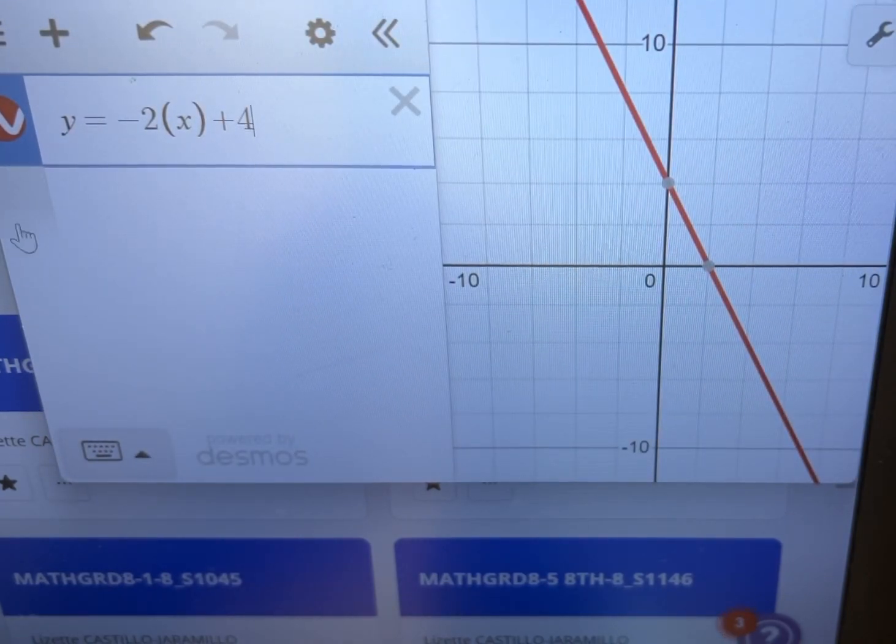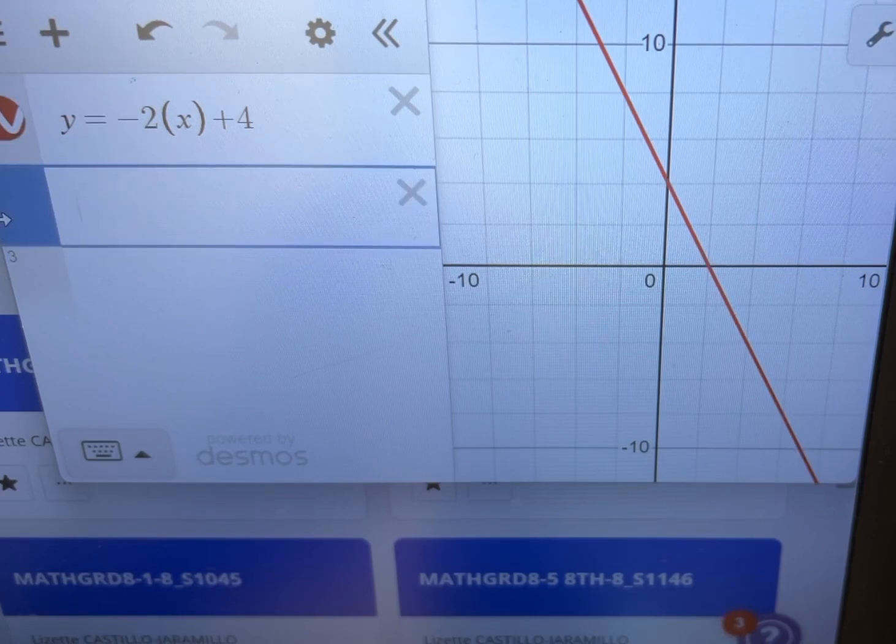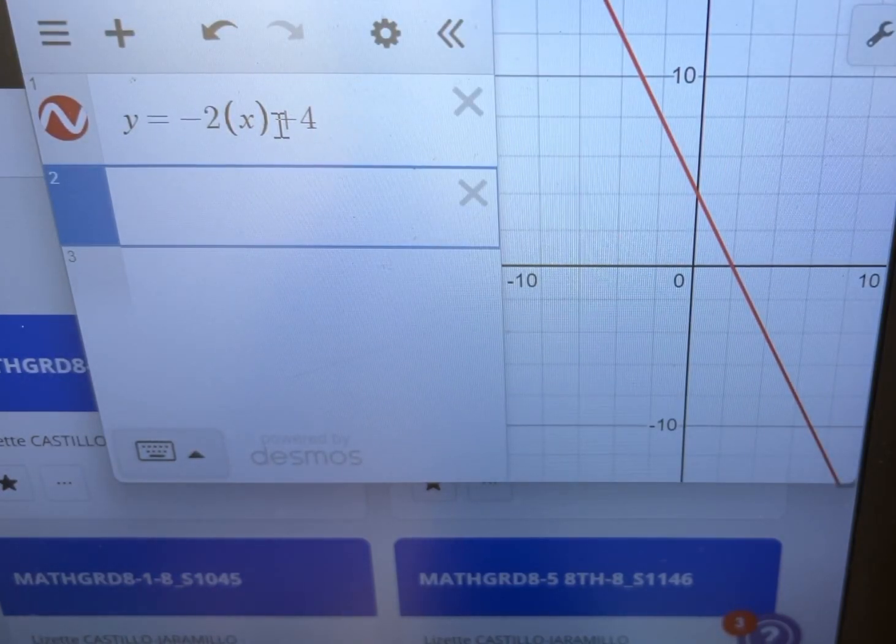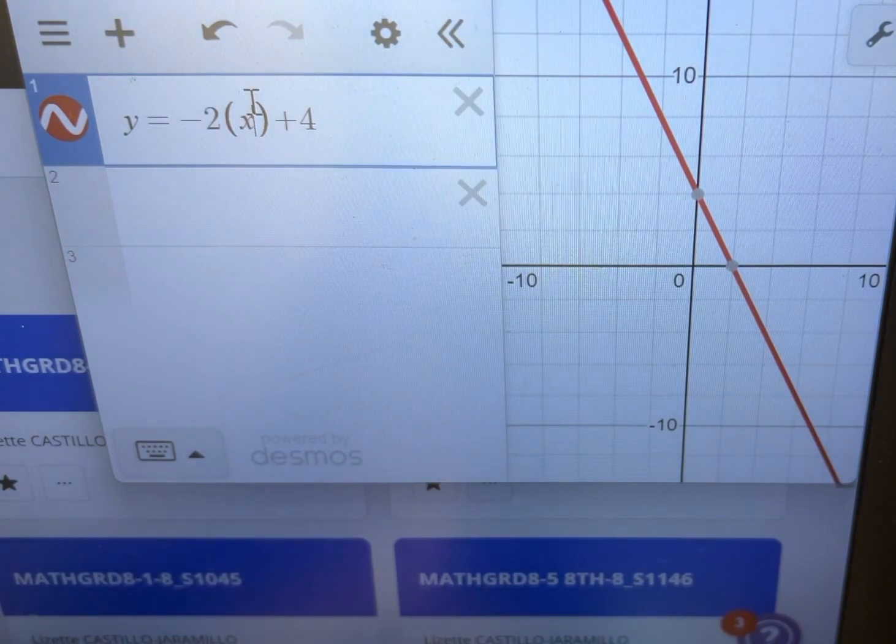Okay, this is mi ecuación. But like I said, we already have our mystery numbers. So I'm gonna replace whatever's inside with these mystery numbers.